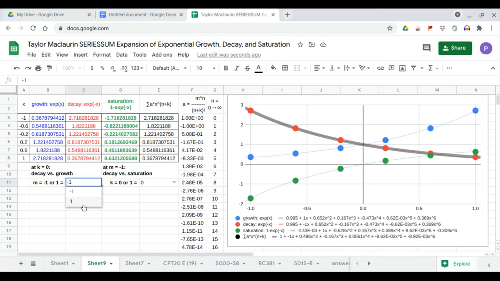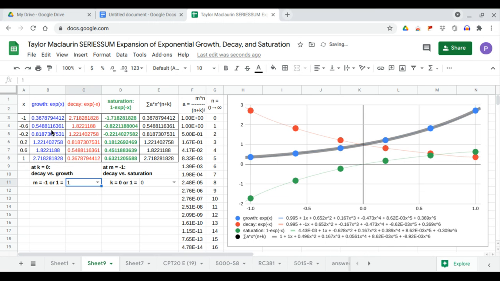At m equals 1, then our expansion approximates the exponential growth. So the black one is on the red. And their coefficients are the same. So the growth regression coefficients match the expansion approximately.